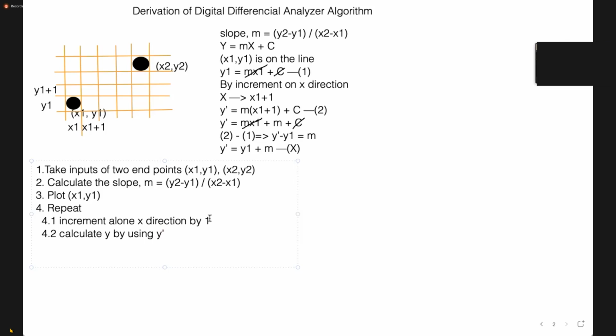Now here we have to write x dash equal x plus 1, the current x position plus 1. y dash equal current y position plus m.